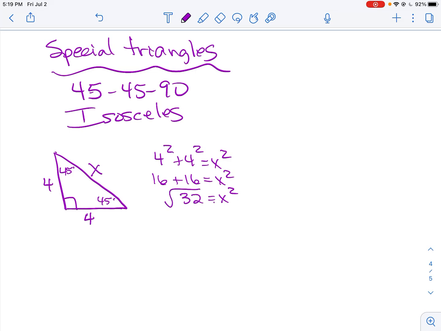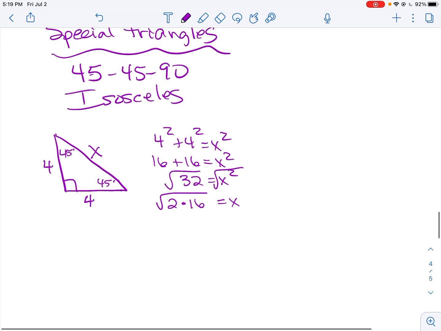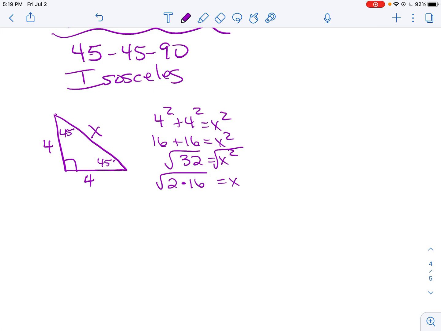If I take the square root of both sides, this 32 was the same thing as saying 2 times 16. If I simplify that radical, the square root of 16 is 4, radical 2, because we cannot take the square root of 2 because it is an irrational number. Square root of 2 is an irrational number.